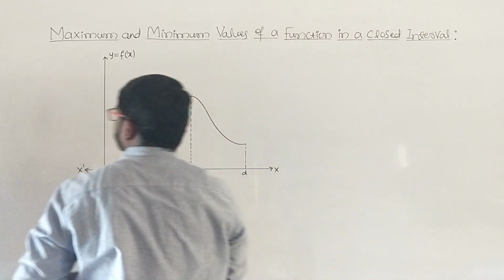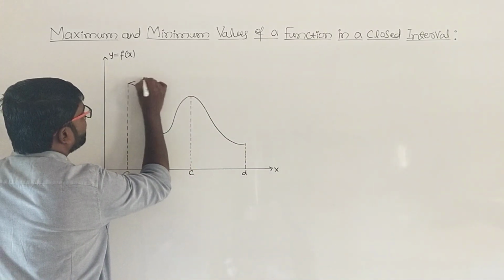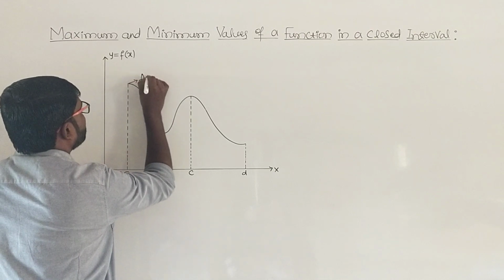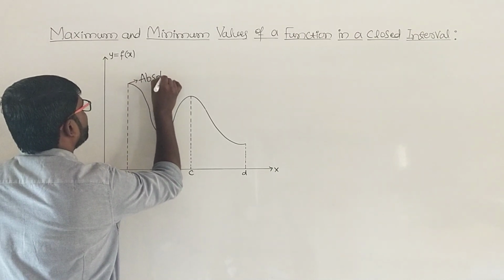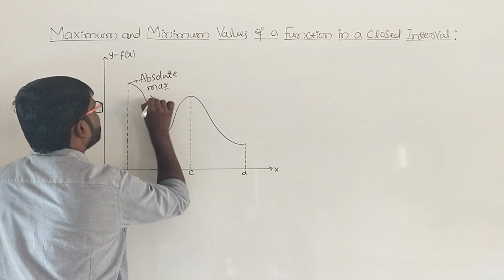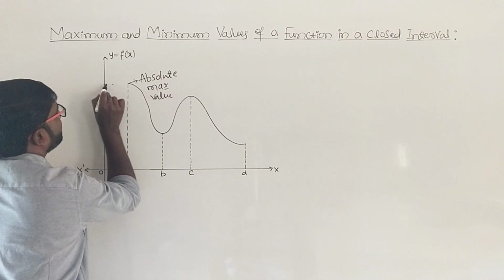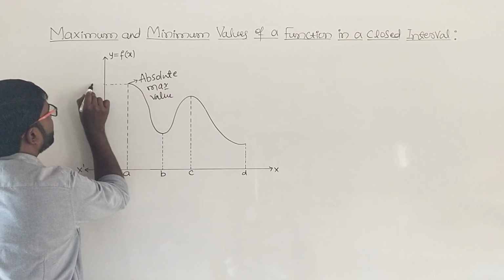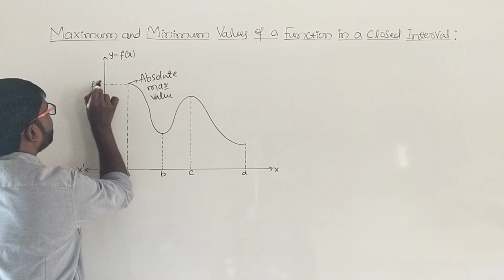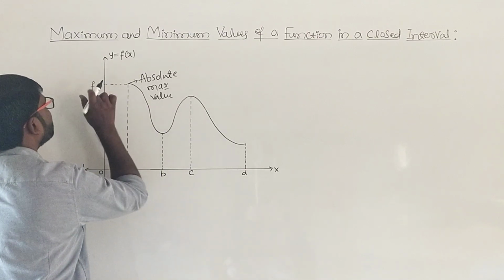So at this point you will get the absolute maximum value. That means here you will get f of a. f of a will be the absolute maximum value.